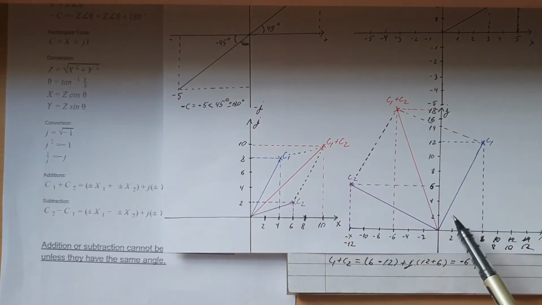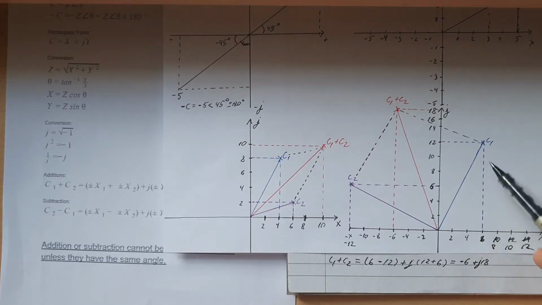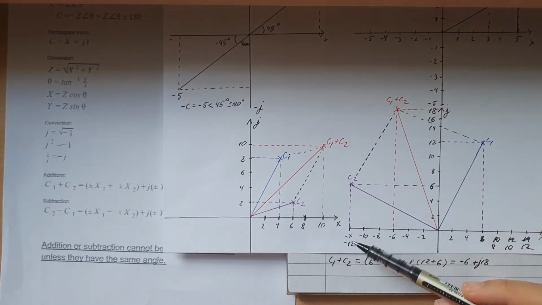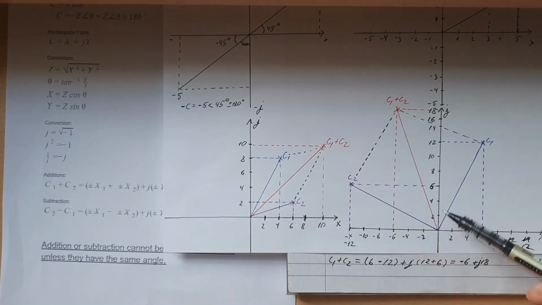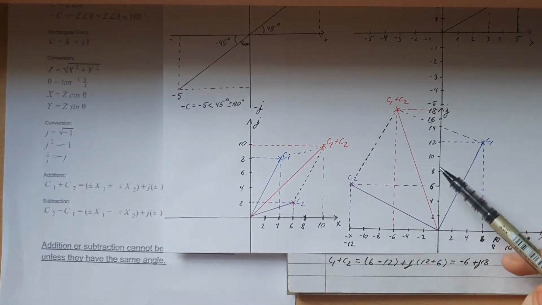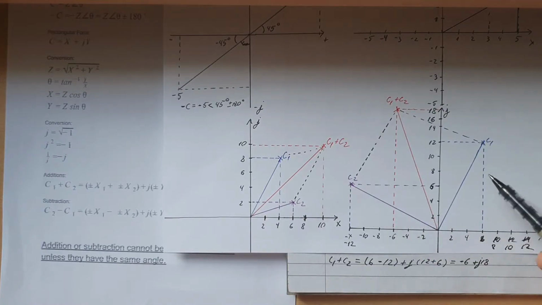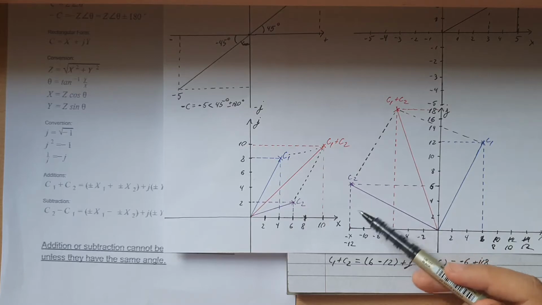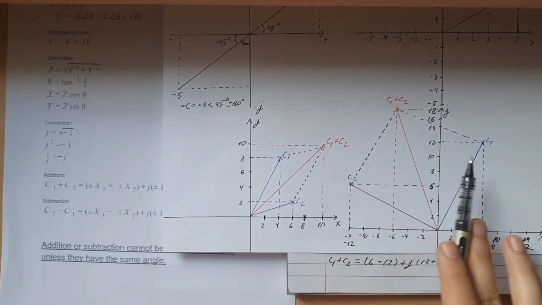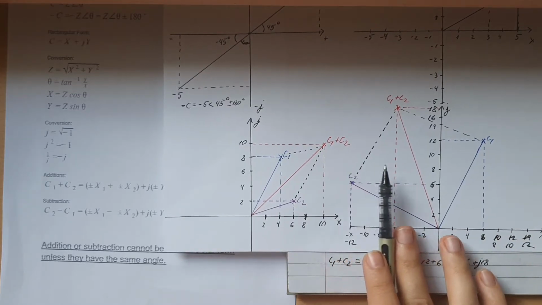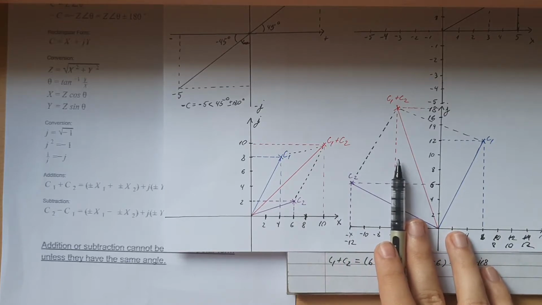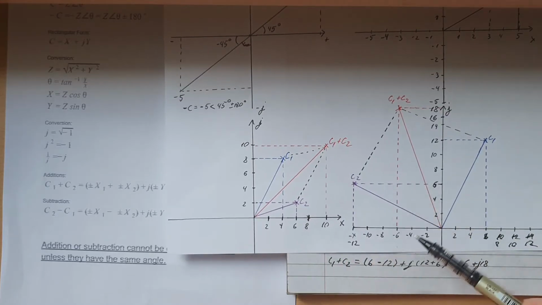And you can do the same for the second one as well. So c1 was 6 plus 12j, and c2 was minus 12 plus 6j. The j's were both positive, so both of them went up, but because c1 on the positive side wasn't big enough to overcome c2, then instead of going to the positive, it just shifted by 6 units that way, so that's why it's minus 6.